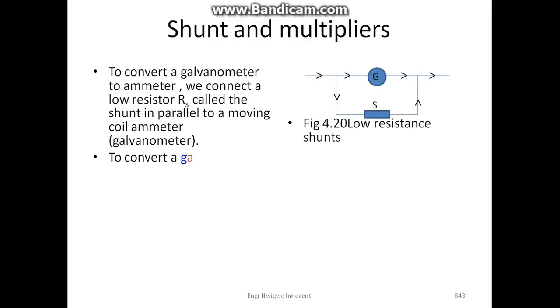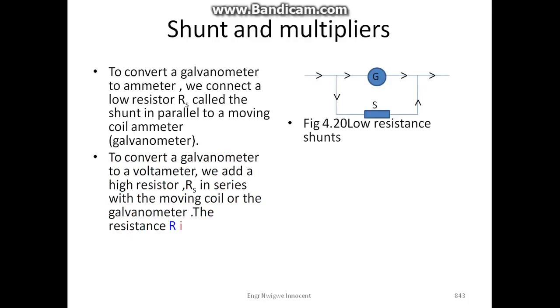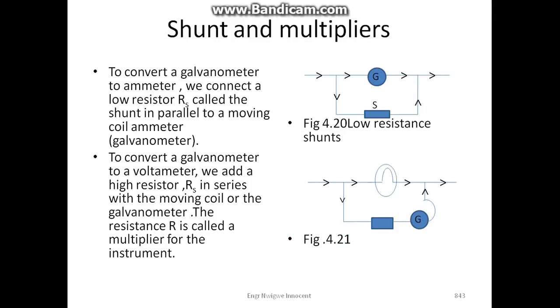To convert a galvanometer to a voltmeter, we add a high resistor RS in series with a moving coil, or the galvanometer. The resistance R is called the multiplier for the instrument. Figure 4.21 shows a high resistance shunt or multiplier.